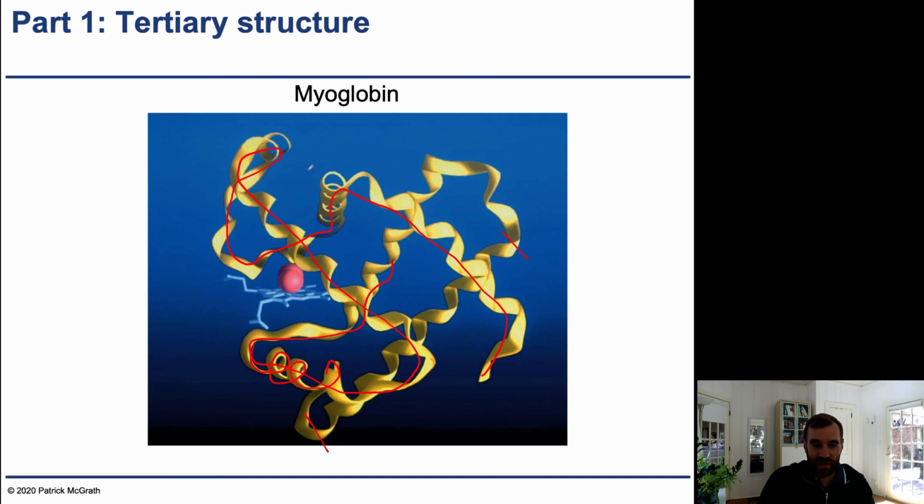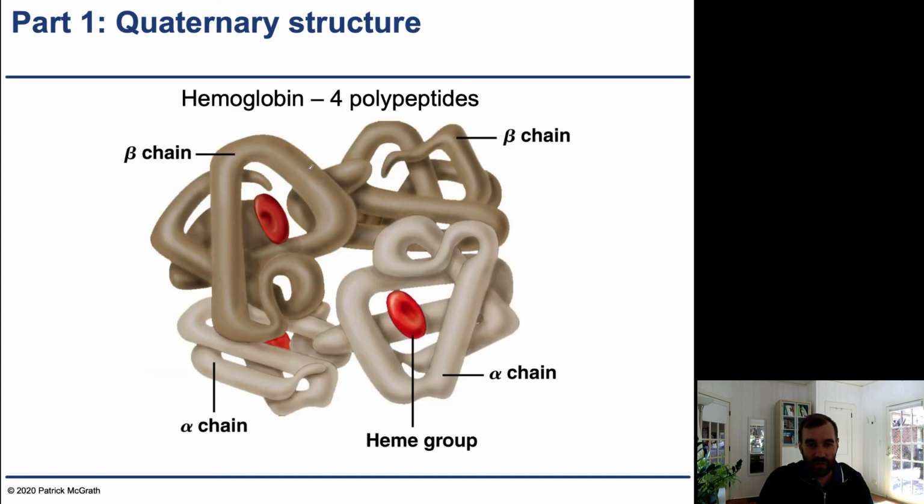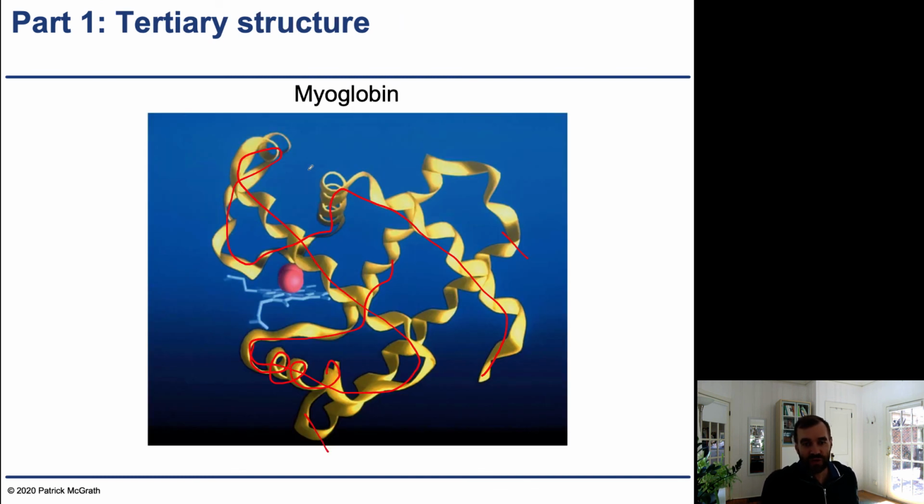Myoglobin is a single subunit, so it doesn't make sense to talk about quaternary structure for myoglobin, but if we look, for example, at hemoglobin, now we can also talk about quaternary structure. Myoglobin is used to bind oxygen in your muscle cells.